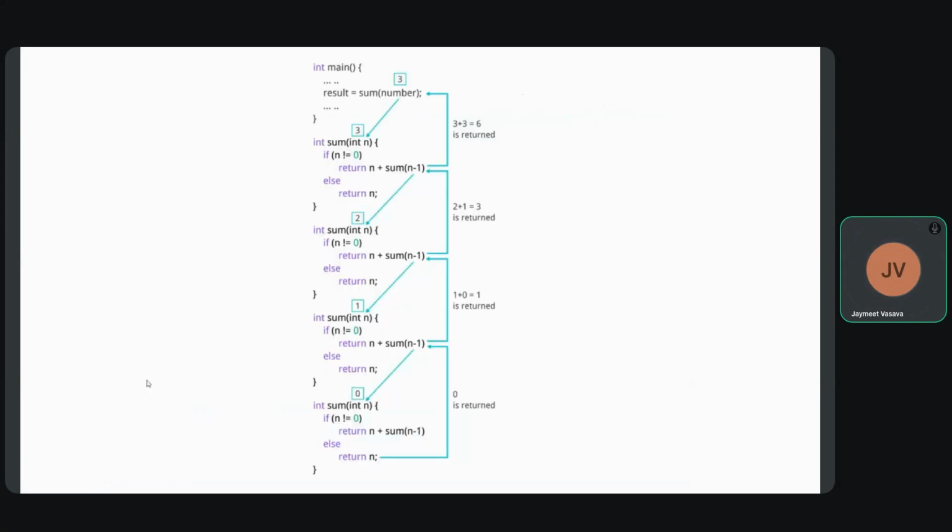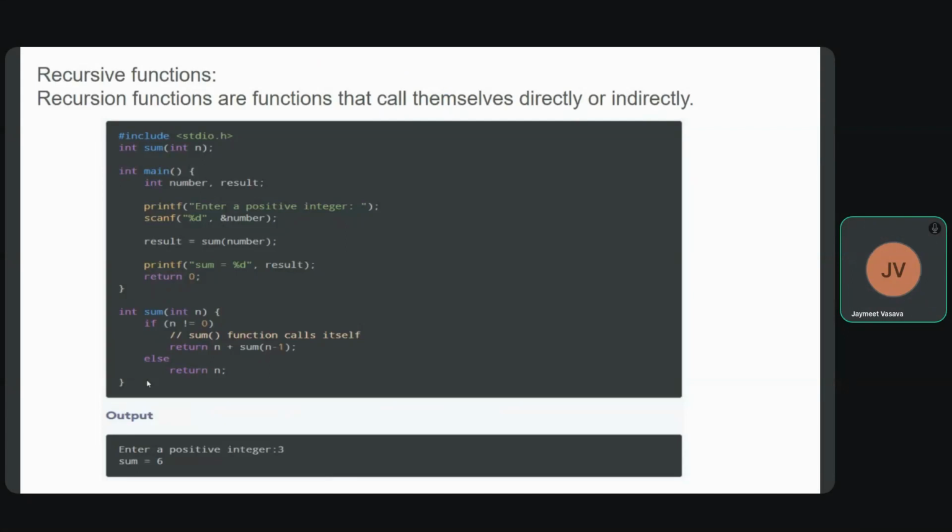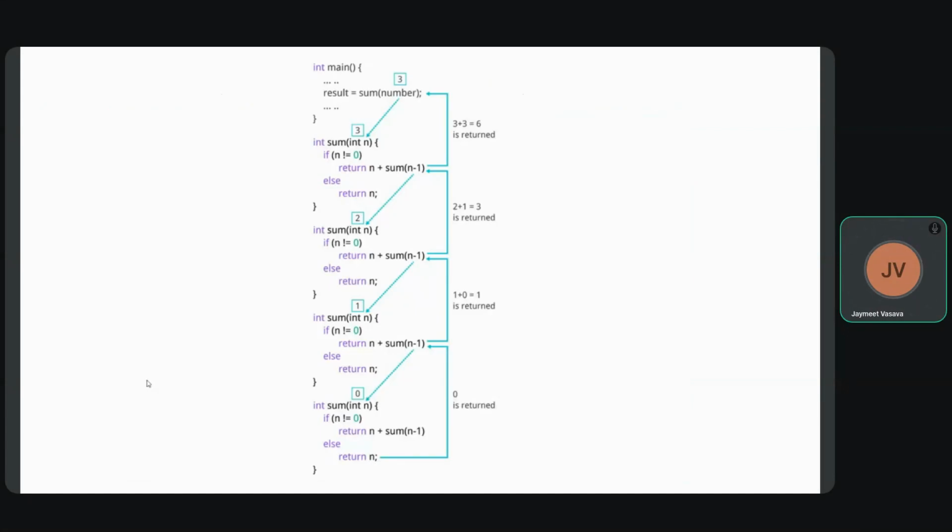If you feel that was a confusing explanation, there's a different explanation for the same program. In int main, we start with a result. We enter 3, then 3 is not equal to 0, return sum, then it goes back. 6 is returned.